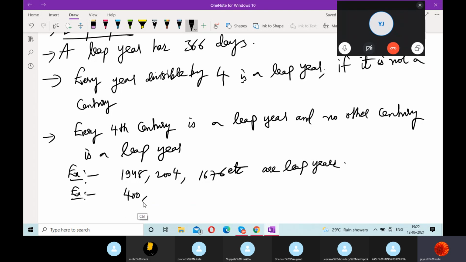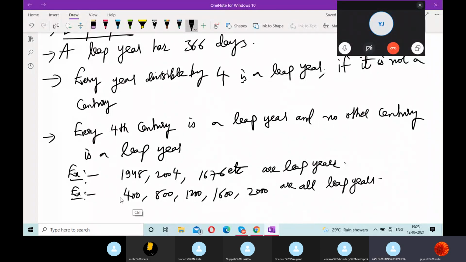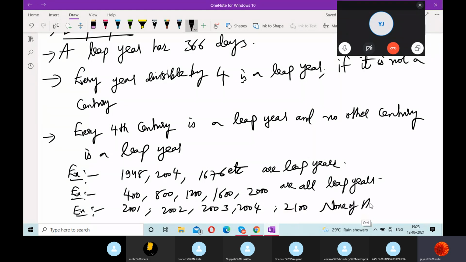So 400, 800, 1200, 1600, and our own millennium year 2000 are all leap years. Why? Because every 4th century is a leap year. Point number 3, 2001, 2002, 2003, 2004. If I write all this, and if I write 2100 even, none of them are leap years. Please make a note of all this fast.